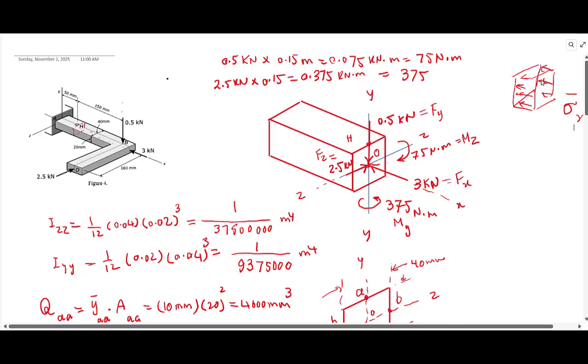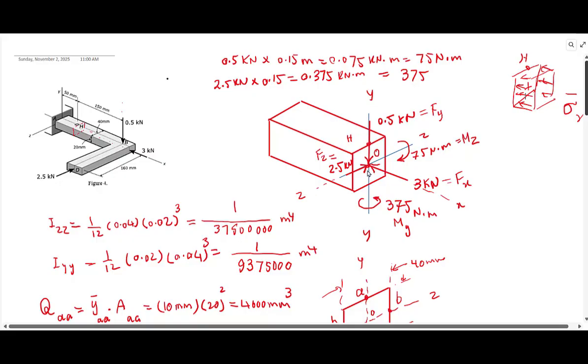It doesn't matter, point H is here and O is right in the middle, but this is a uniform distribution. Therefore the contribution of that force at point H is a compressive stress.